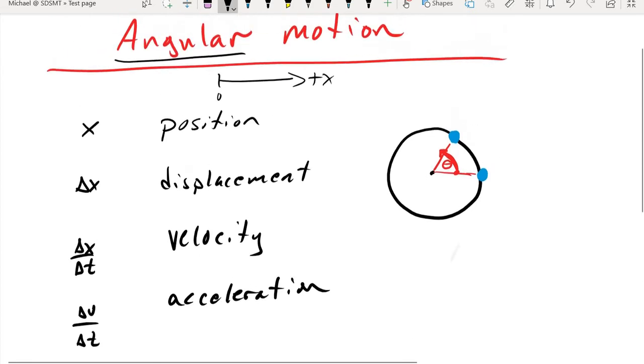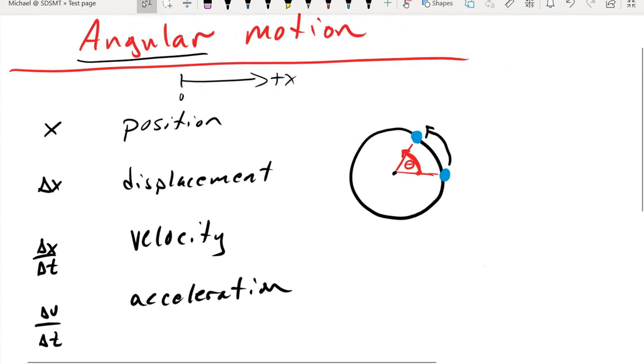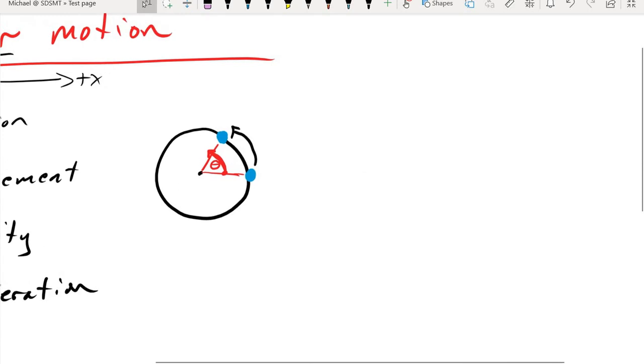But now we're no longer moving along a straight line. Our object is going to be moving in a circle. This isn't the first time that we've had circular motion show up. In chapter 4, we defined how the centripetal acceleration could be defined using the speed with which we travel around the circle and the radius of the circle.